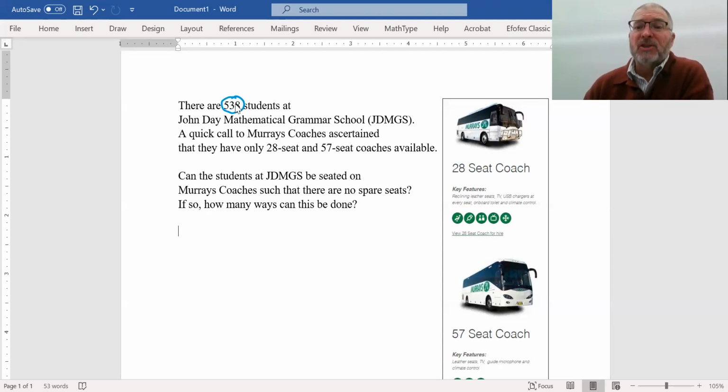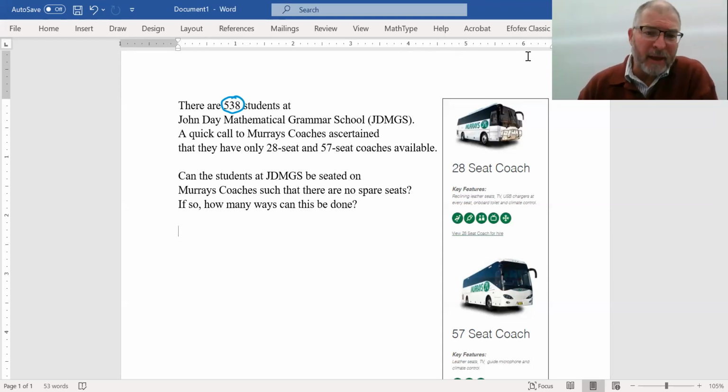You might be able to guess and check pretty quickly how many 57-seat coaches and how many 28-seat coaches I would need to get to 538, because these numbers aren't too huge, are they? If you knew for sure there was a solution, you might get there quickly. But the question doesn't just ask that.